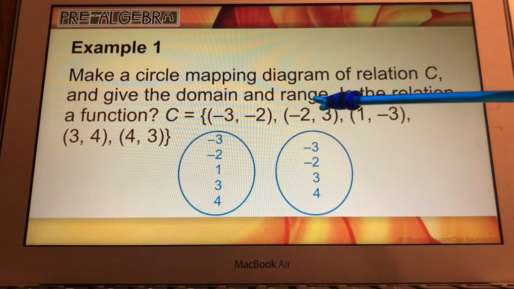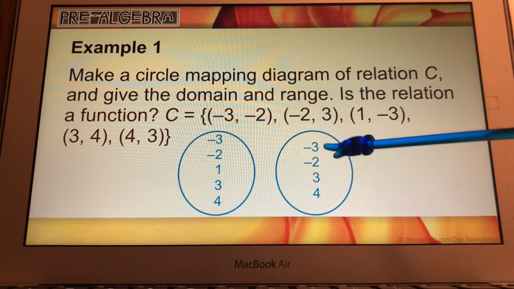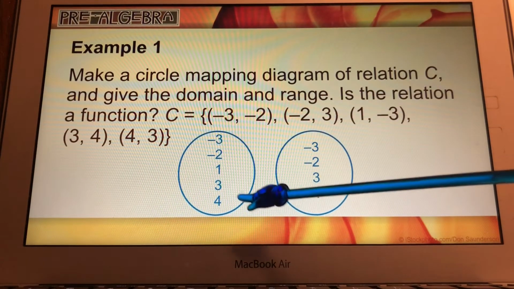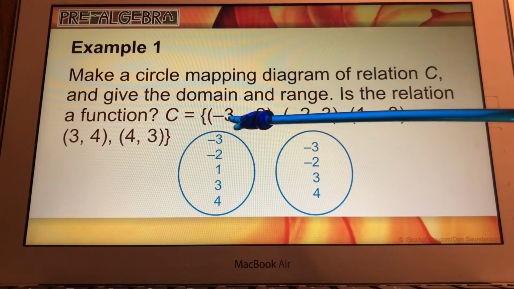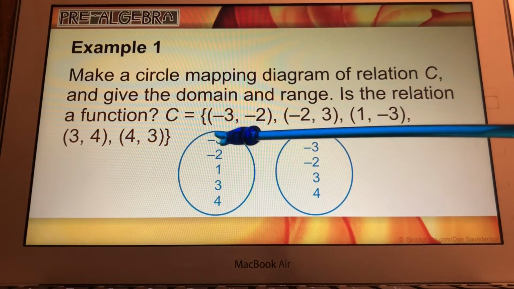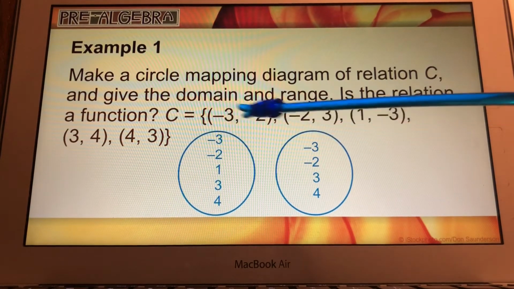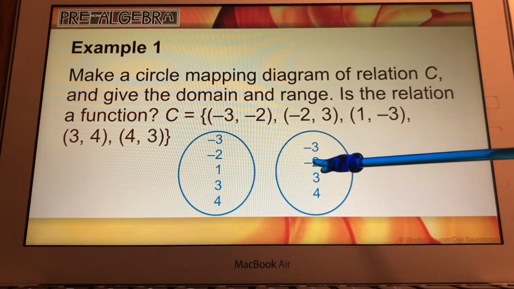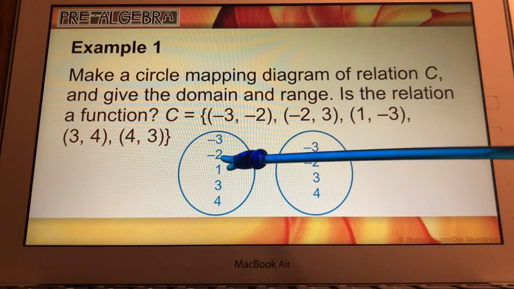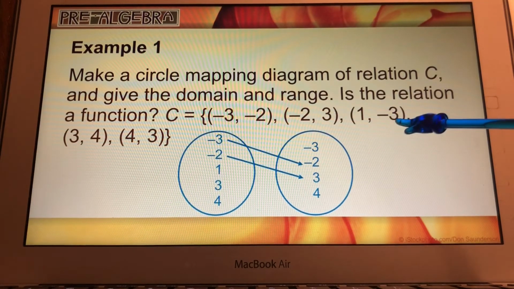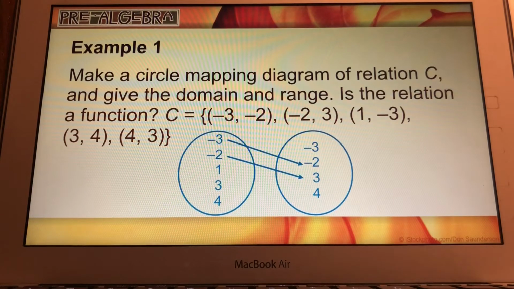Then I'm going to take my range, or the y values, and I'm going to arrange them in this circle right here. Then I'm going to match each of these from the domain circle to the range circle. -3 to -2, -3 goes to -2. Here, -2, I'm going to connect to 3. 2 goes to 3, and then 1 connects to -3.